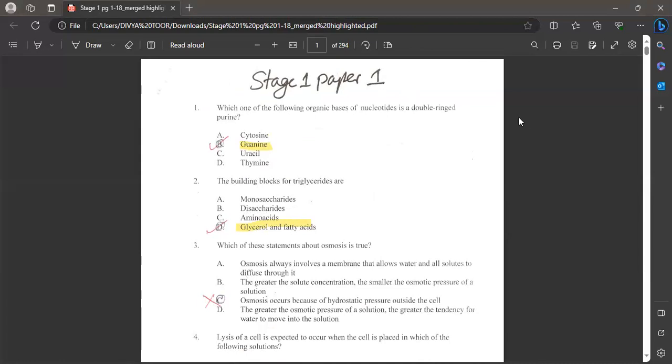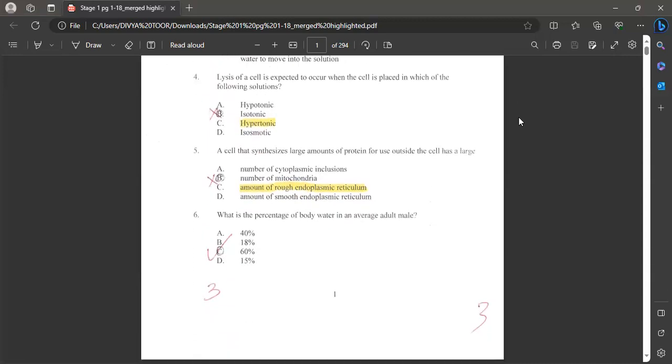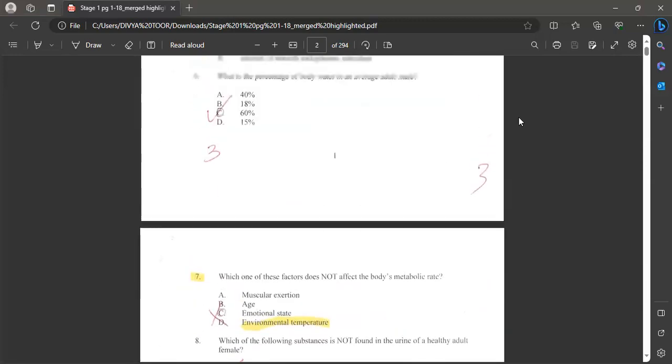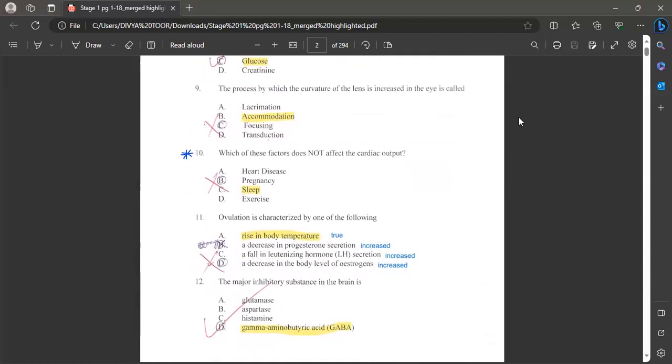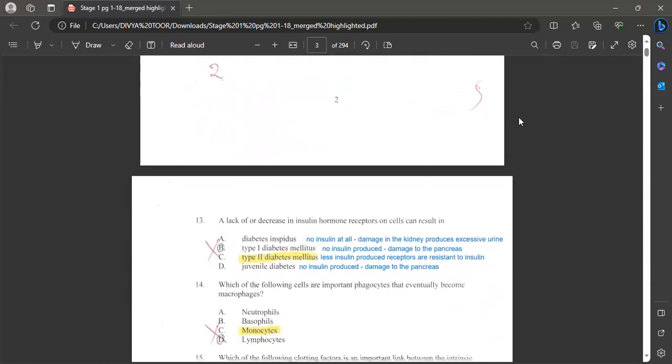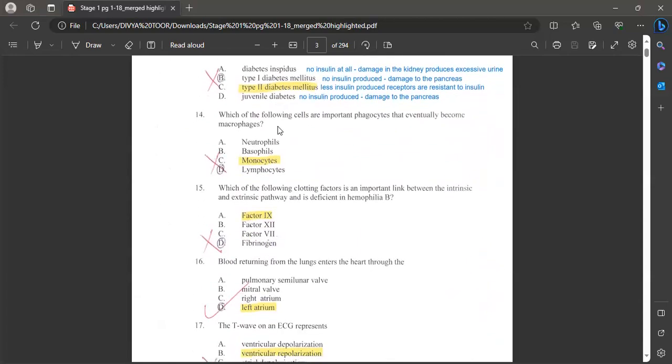Anyway, no problem. We can go through the paper now. What percentage, blah blah blah. Let me look for those questions. We can start with this. Which of the following cells are important phagocytes that eventually become macrophages?